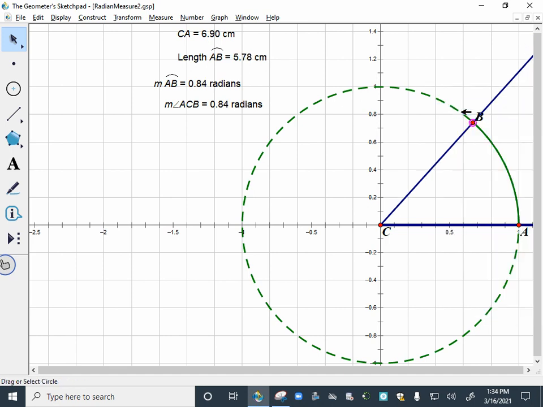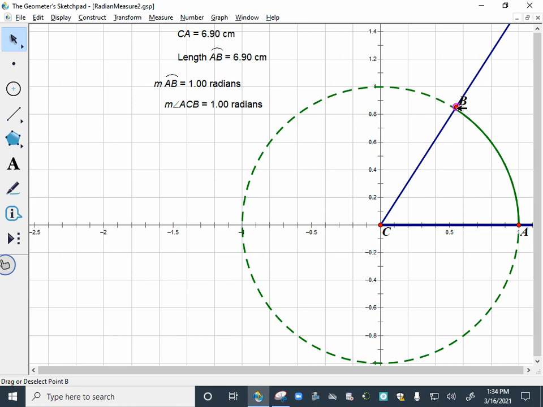Our radius was 6.9, so we're going to shoot for 6.9 here. And when the length of the arc is 6.9, we can see that it's reading the angle and the arc measure both as 1 radian. So a radian is 1 radius unit. It's the distance around the circle that is equivalent to the radius of the circle.